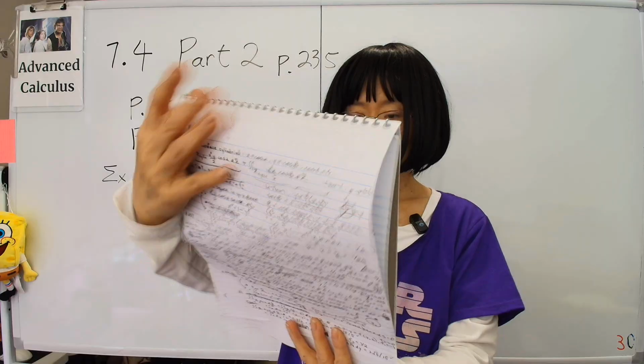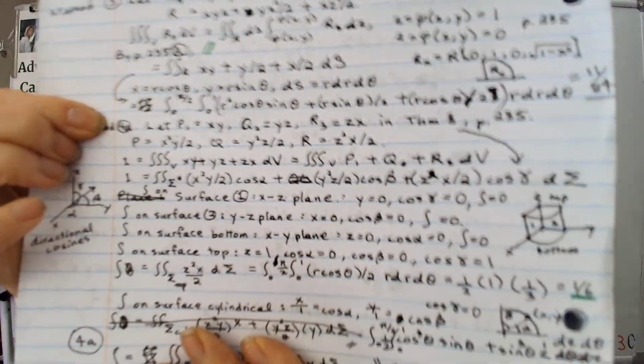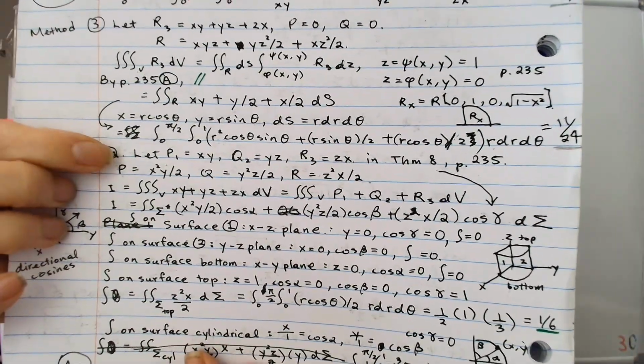So if we do that, let me find it again. Okay, so we have P1 down here. P1 is xy and yz and zx.